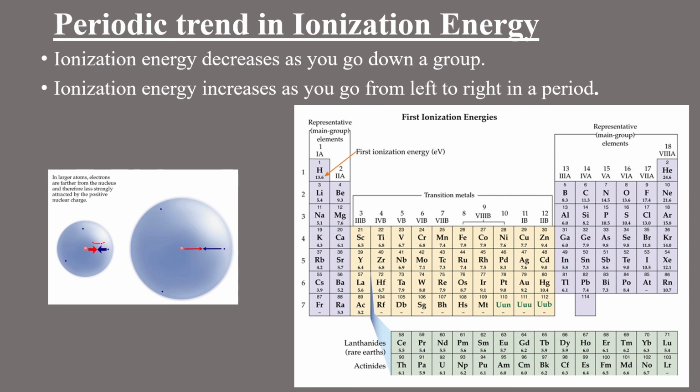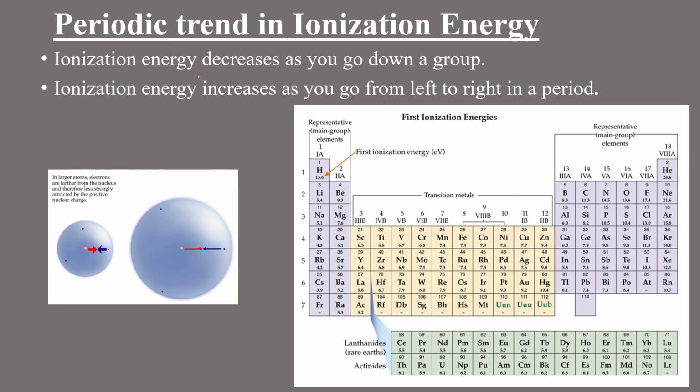If the distance is small or if the atomic radius is small, we have to put more energy because there's a strong force of attraction. If the distance is large for the larger atoms, then we have to put a small amount of energy to remove the electron from this valence shell.